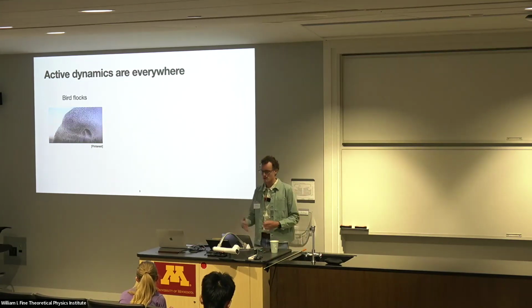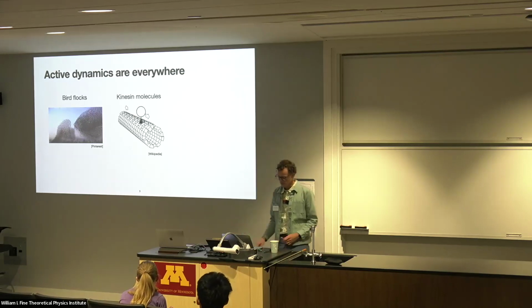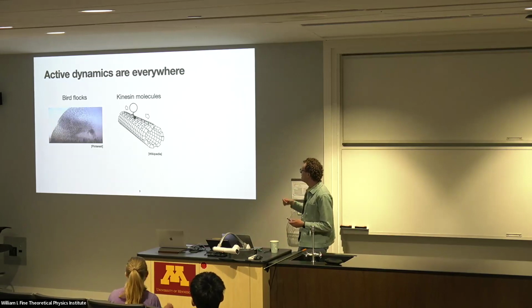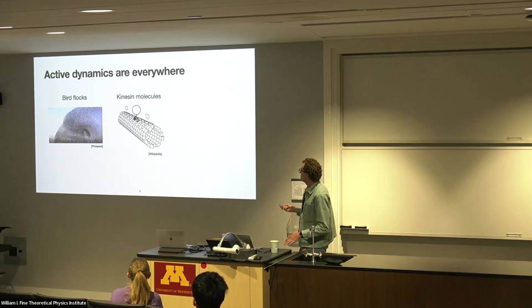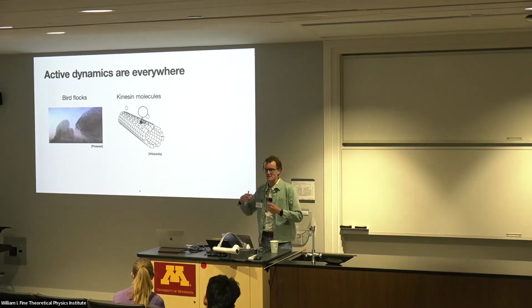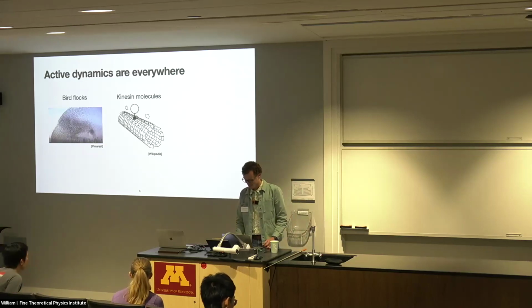So the point is that they're able to do things that equilibrium dynamics are not able to do. Inside our bodies, there are kinesin molecules that couple to a potential difference between the inside and the outside of a tube, and use that to have directed motion along these tubes. This is going on inside your cells.